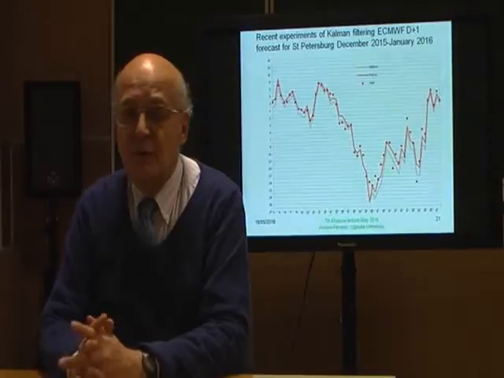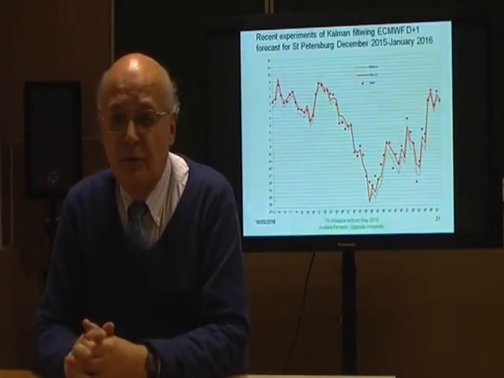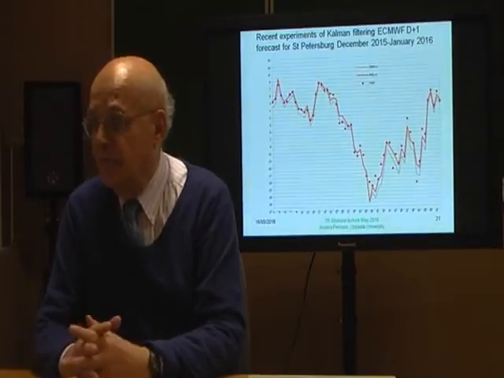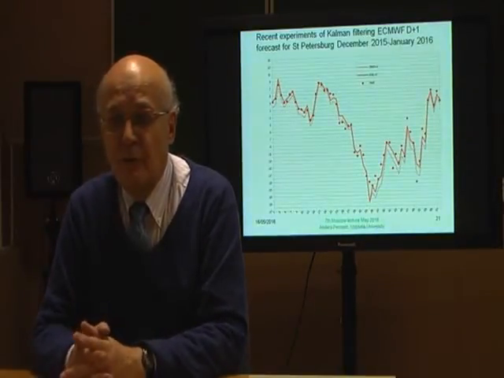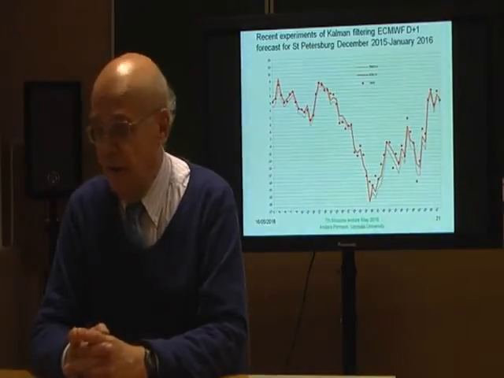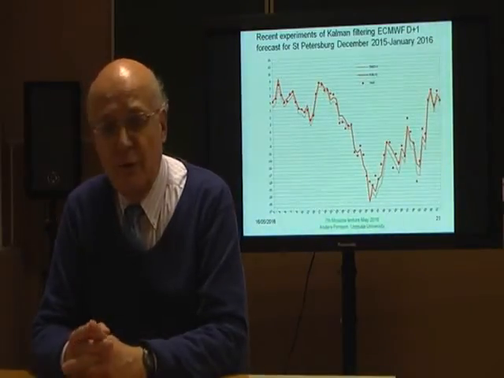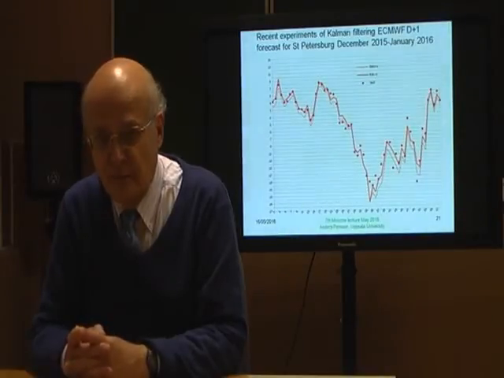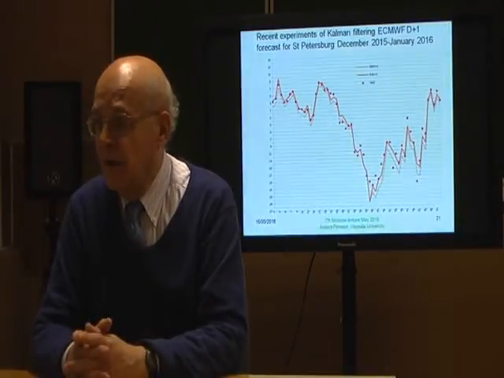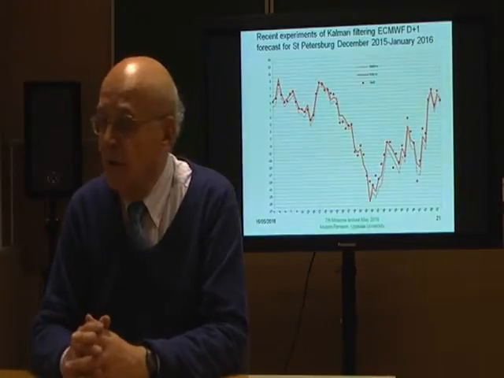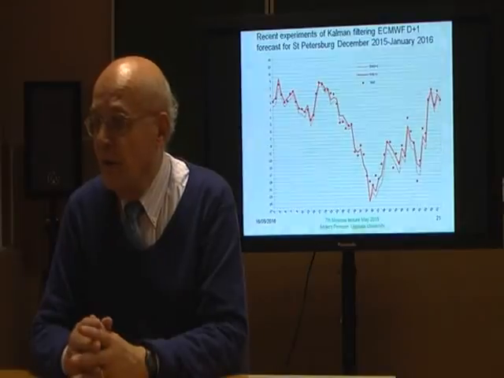in Petersburg last week, Suleiman, Alfred and I had a preliminary test of the Kalman filtering for Petersburg, and it's December, January. It's a 1 day forecast from the best model in the world, the European Center model from Reading. And as you can see, the 1 day forecast for the temperature is not bad, but it's still not perfect.